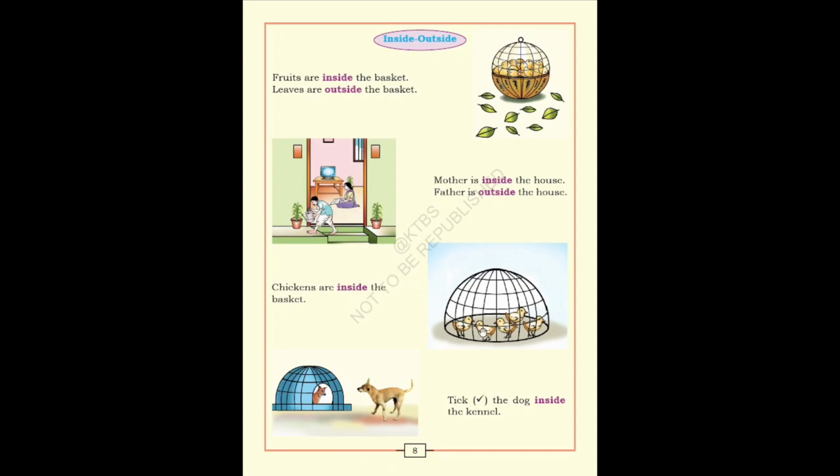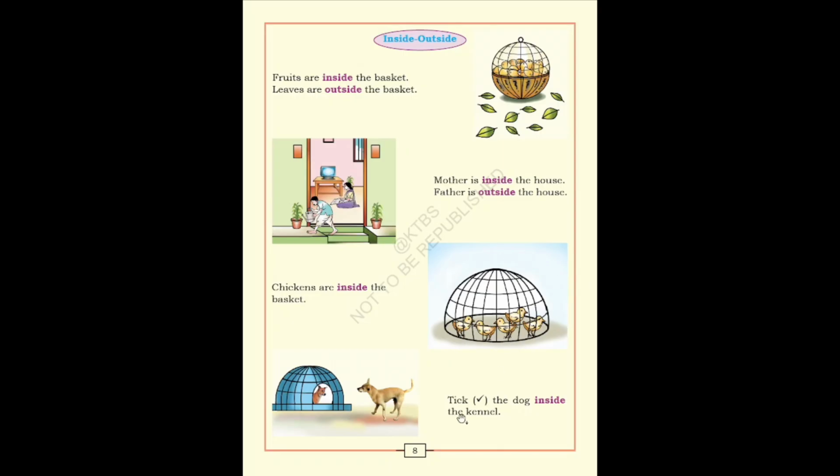Okay, next here we have chickens. Where are they? They are inside the basket. Why then is the outside sentence not mentioned here? Because there are no outside objects.